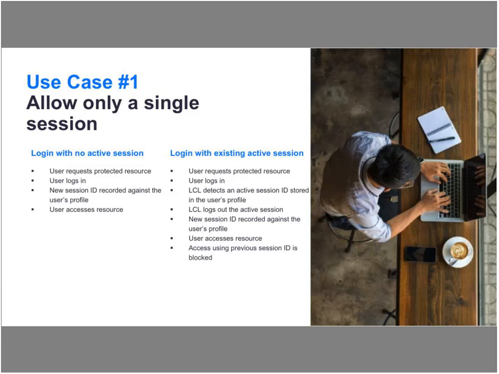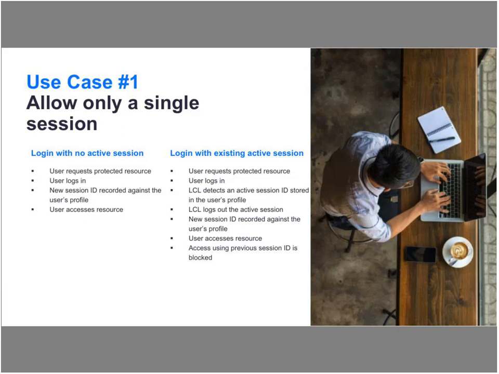So when another user or the same user tries to access again, and there's an existing active session, then again they would request a protected resource. They would be prompted for their credentials, log in, and now the module would detect that there's an existing active session against the user's profile.